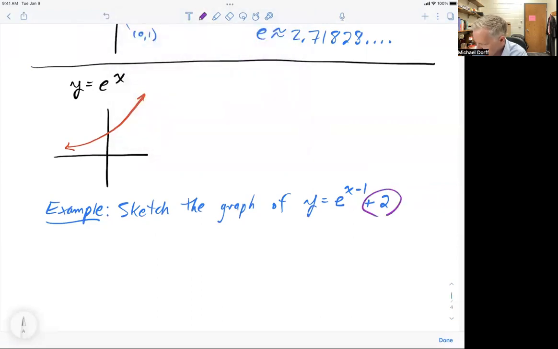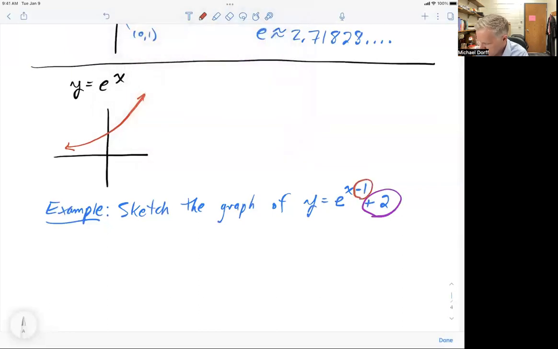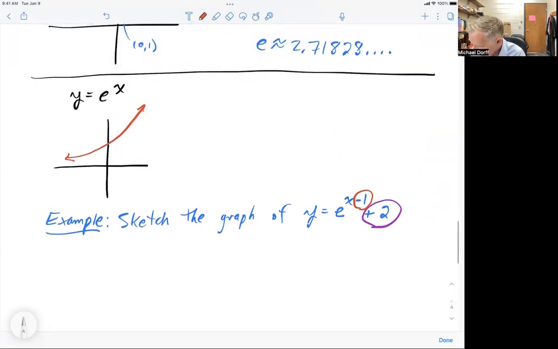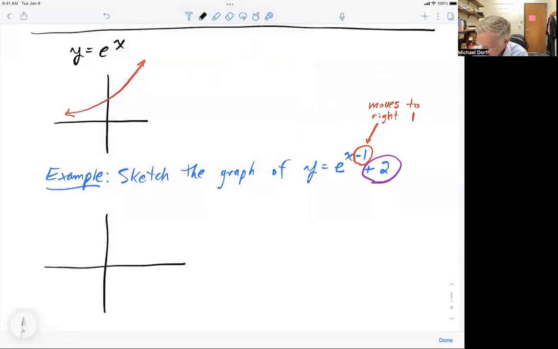I've got a plus 2 and I've got x minus 1. What does x minus 1 do? That moves the graph to the right one space. So if I'm just going to look at y equals e to the x minus 1, I'm going to move this all one space over.